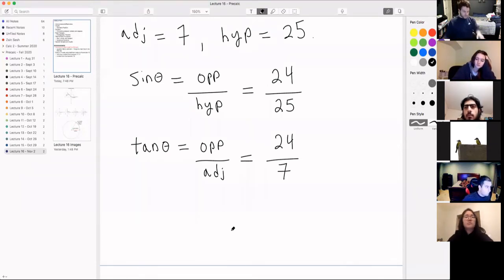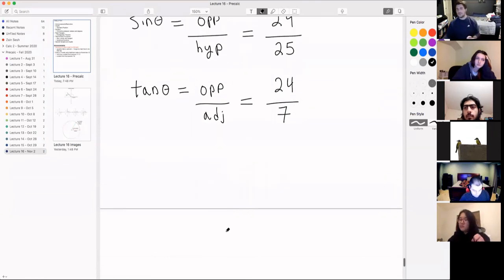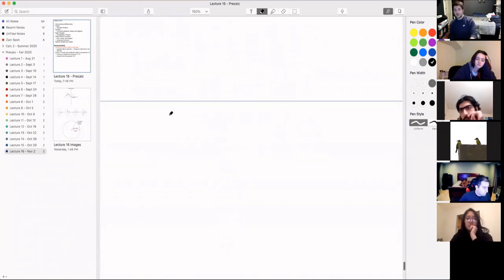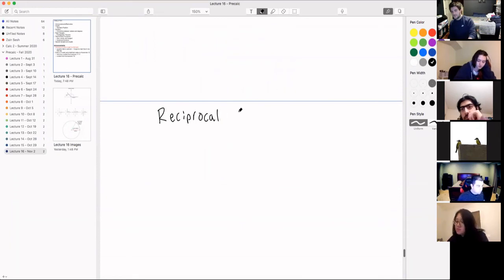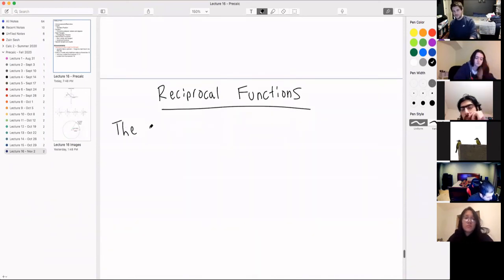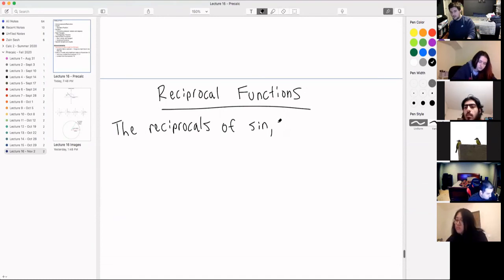Now I need to very quickly talk about the reciprocals of sine, cosine, and tangent, because they have special names as well. So, the reciprocal functions. The reciprocals of sine, cosine, and tangent have their own names.